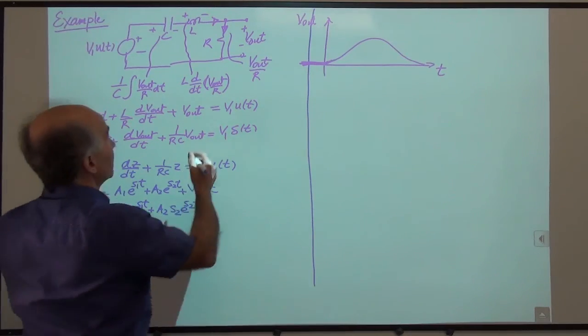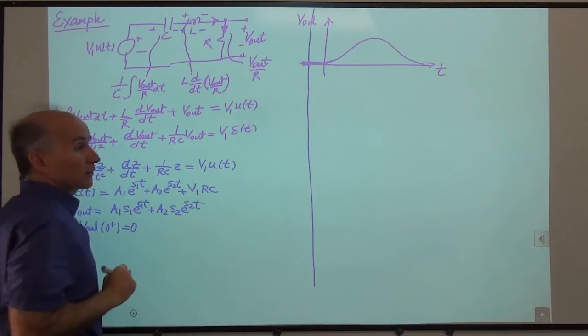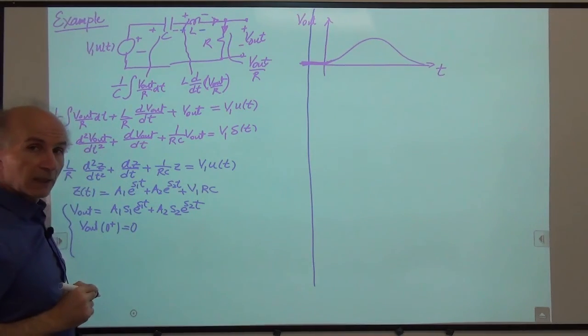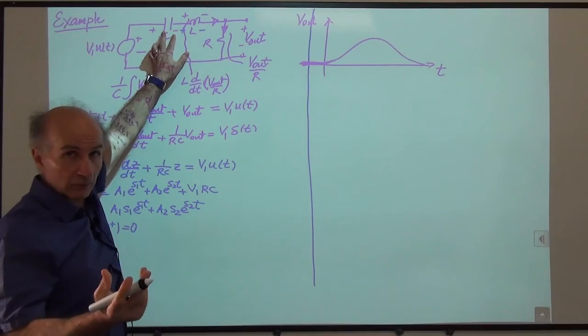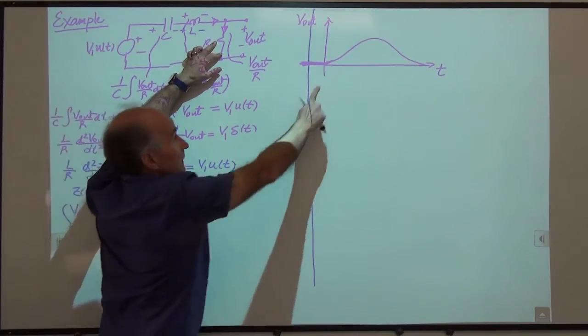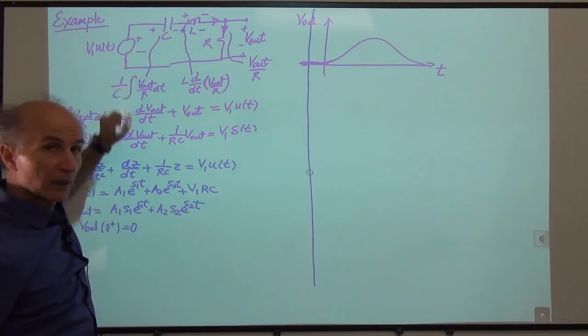So we have to go back here and understand how much the voltage across the inductor is at time 0 plus. At time 0 plus, the capacitor voltage is 0, as we decided. So how much is this voltage? It is V1.